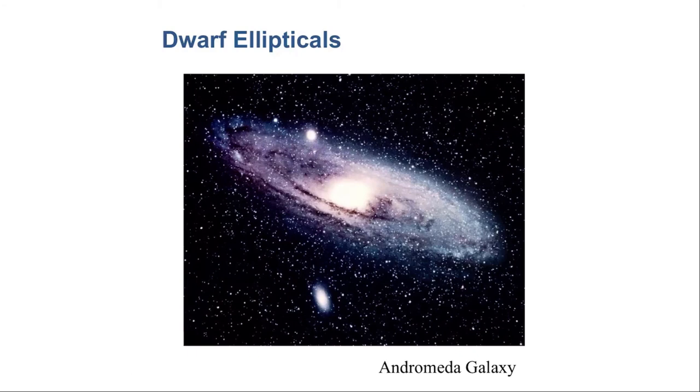Elliptical galaxies have the unusual property that they can be among the largest galaxies in the universe and also among the smallest galaxies in the universe. There's a huge range in the sizes of elliptical galaxies. Spiral galaxies vary a little bit, but a factor of 3 to 4 between the biggest ones and the smallest ones. There are many orders of magnitude in difference in size between the smallest elliptical galaxies and the largest elliptical galaxies.